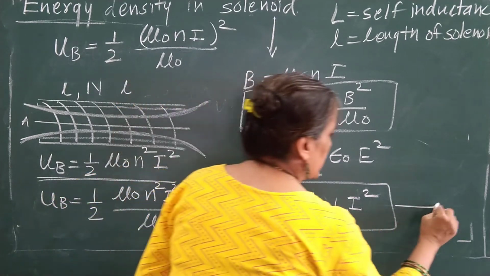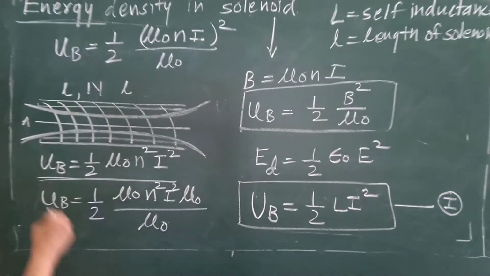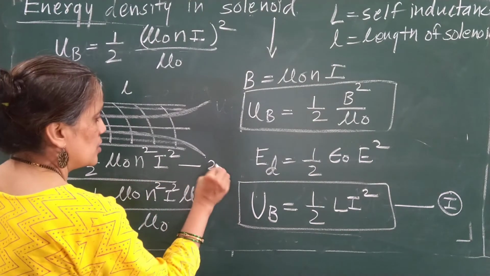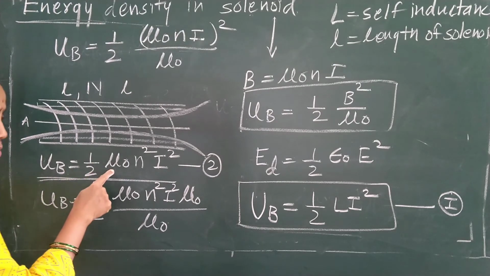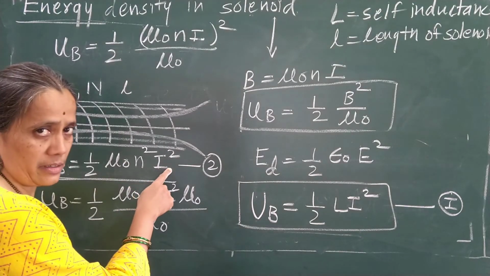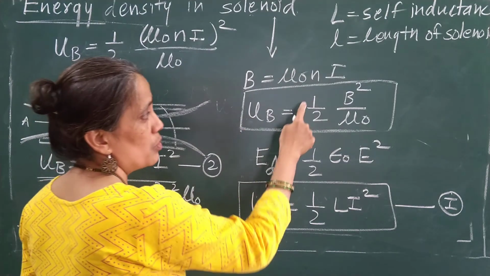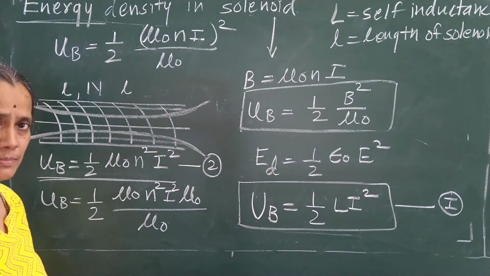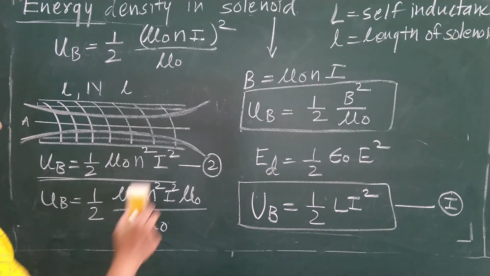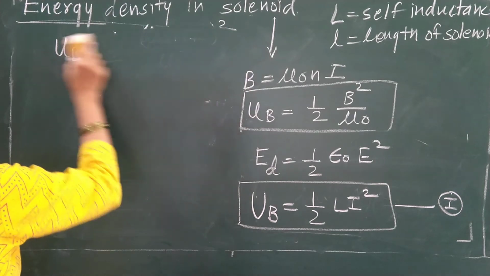And the second thing we have seen is the energy density. This is your first formula: energy density is equal to half mu0 n square I square. And the modified formula is energy density equal to half B square upon mu0. Clear? Any doubt?